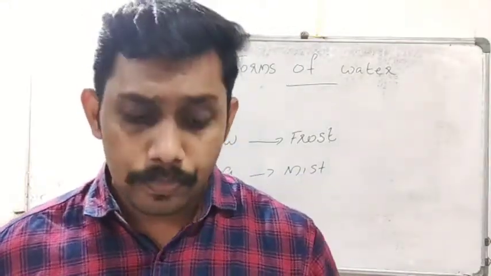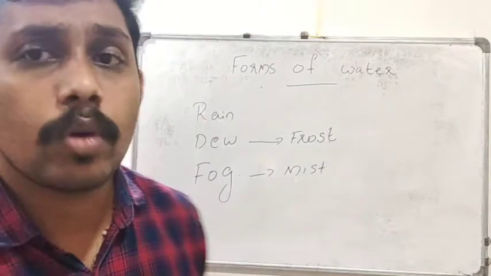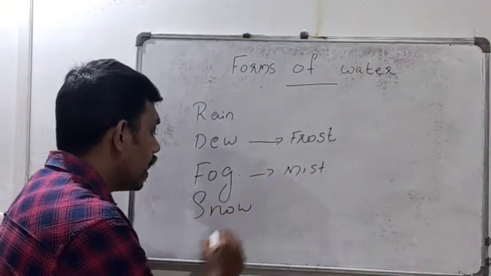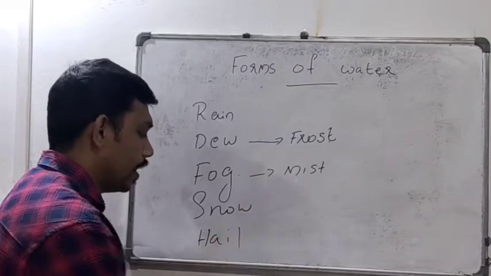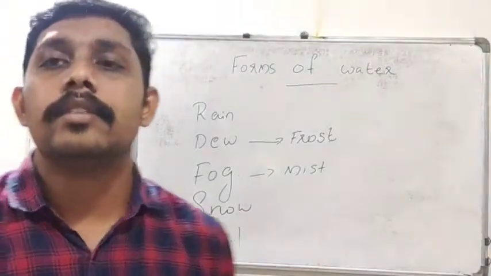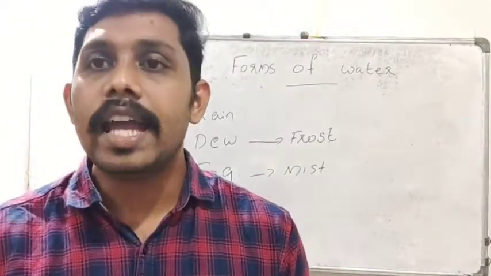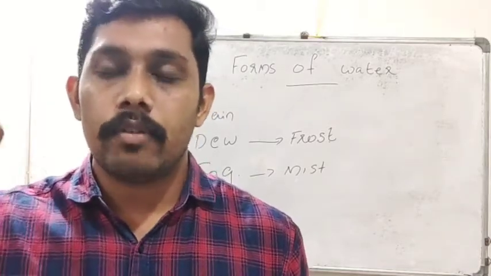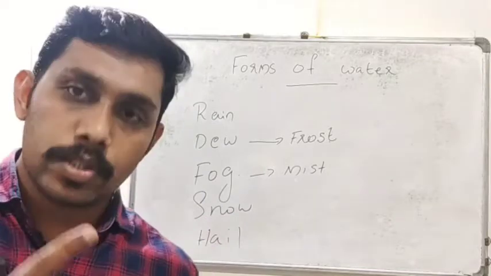And the last one is hail. We have discussed that light water droplets frozen are called snow.